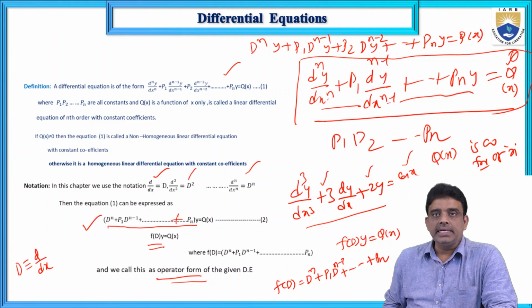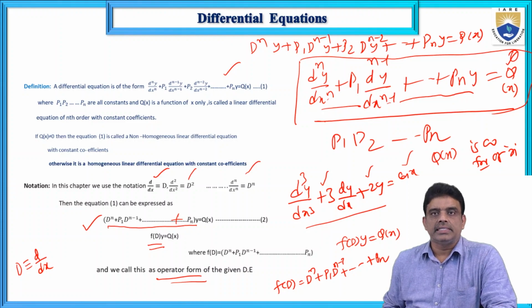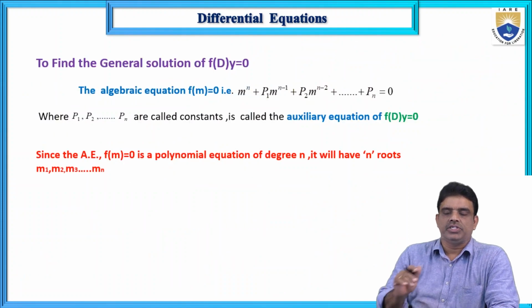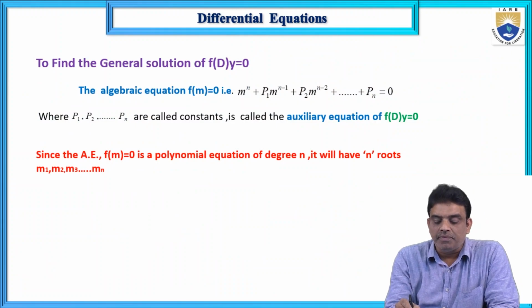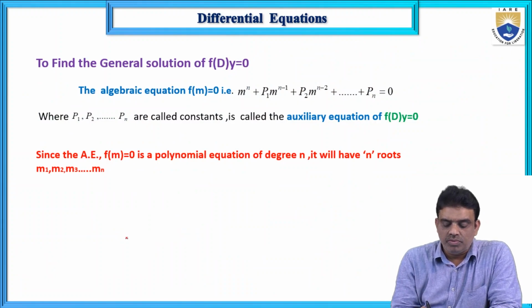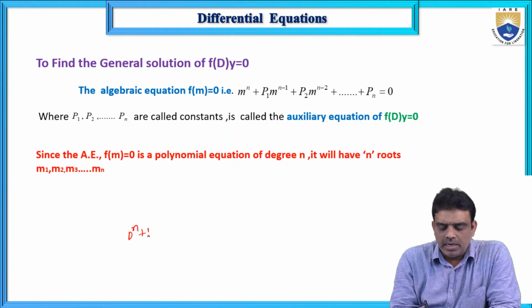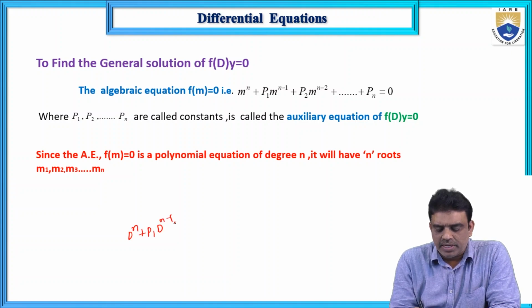Now I am considering the homogeneous linear differential equations, that is, in the form f of D into y is equal to 0. What is f of D? D^n plus p1 D^(n-1) plus p2 D^(n-2) plus so on plus pn of y is equal to 0.